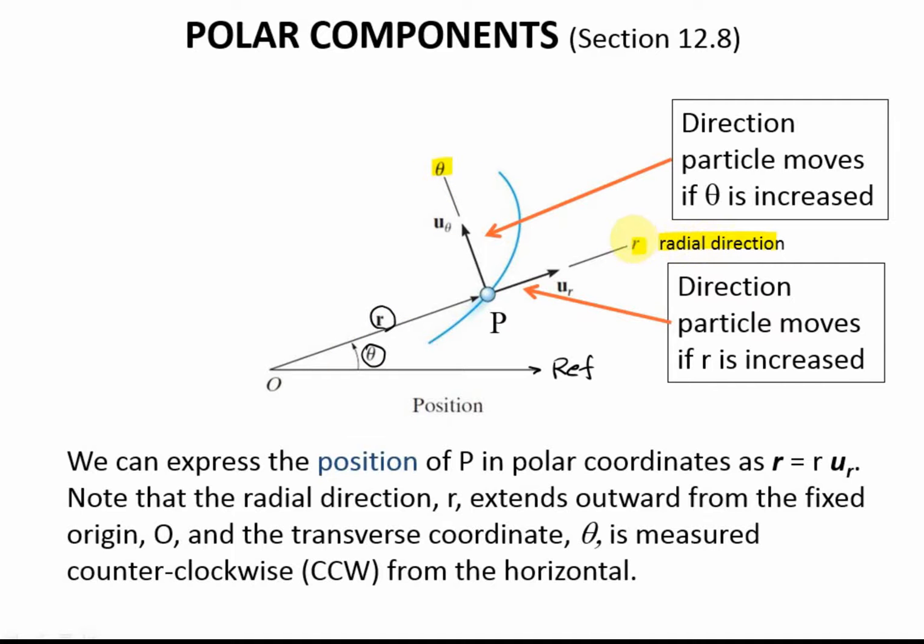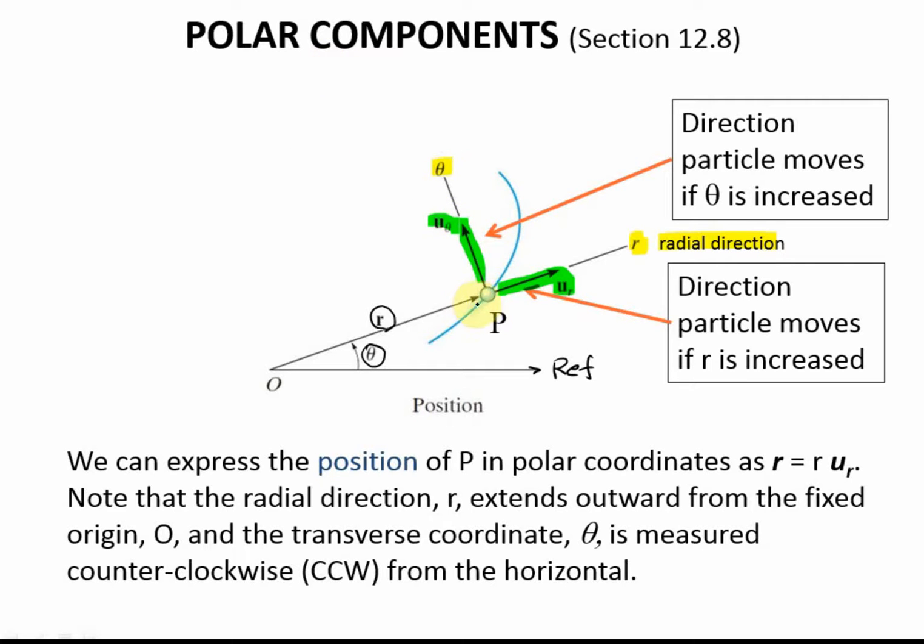The radial direction is just called R, and because we defined those two directions, we can also think about the unit vectors. The unit vector along the radial direction is UR, and the unit vector along the transverse direction is U theta.